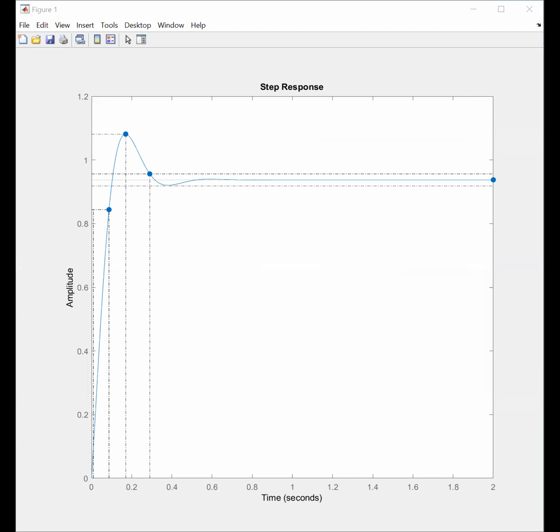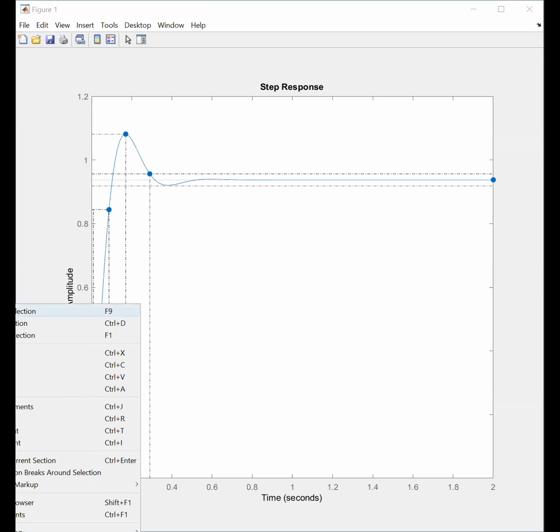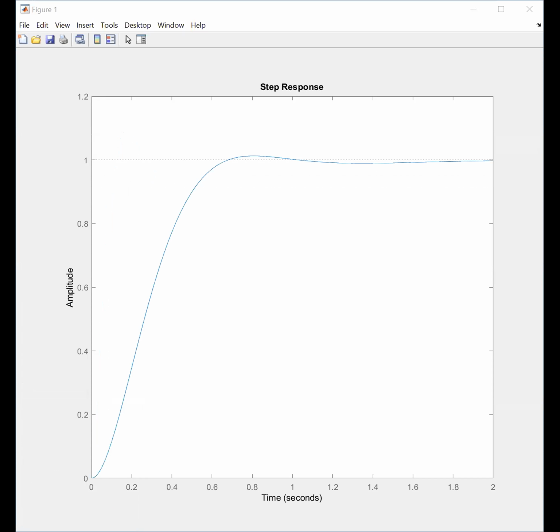Now I'm going to add a KP, KI type of term. So KP and KI, highlight, evaluate, and I will show you how it looks.